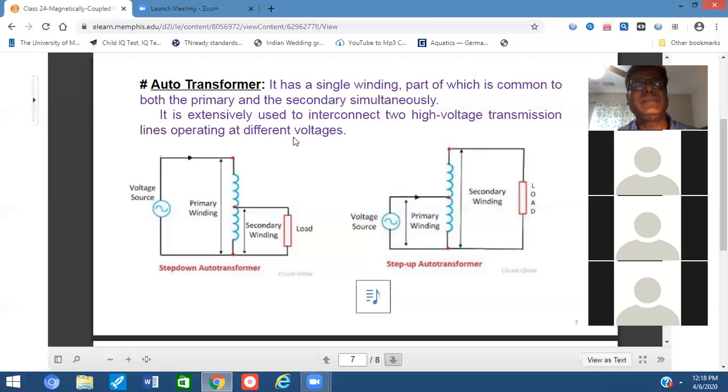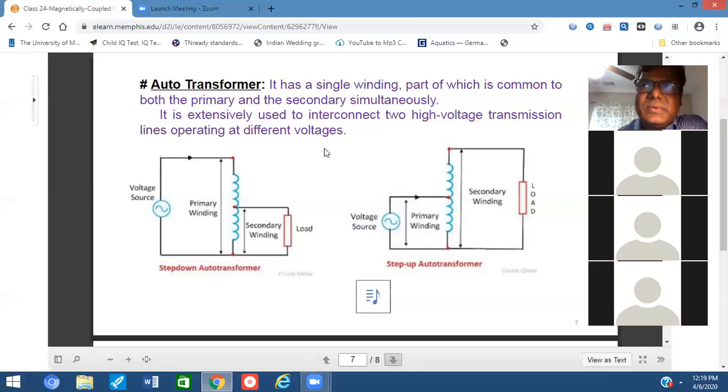Now, I have written where it is used. It is extensively used to interconnect two high voltage transmission lines operating at different voltages. Just keep in mind that our power provider, MLGW, purchases power from TVA, the Tennessee Valley Authority.